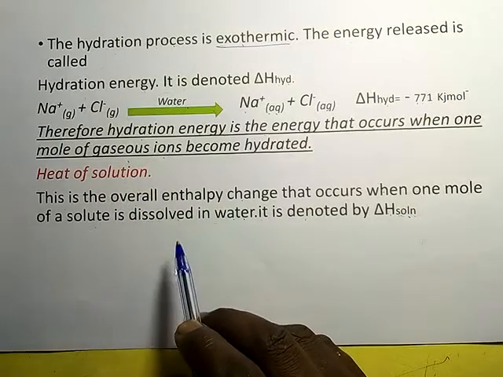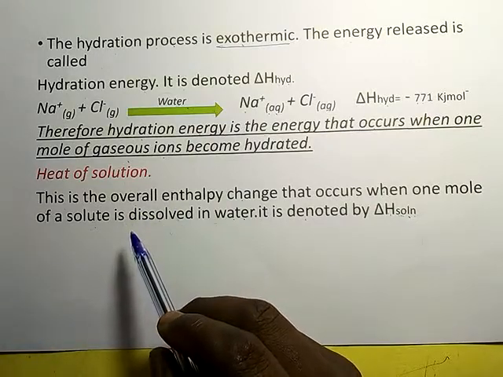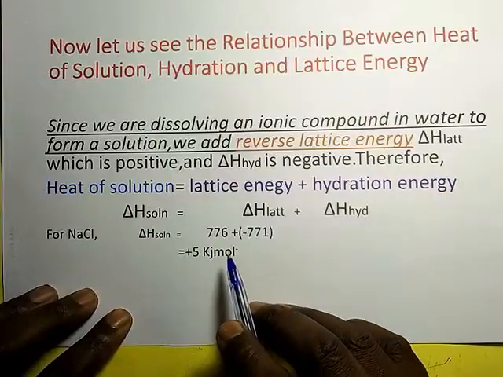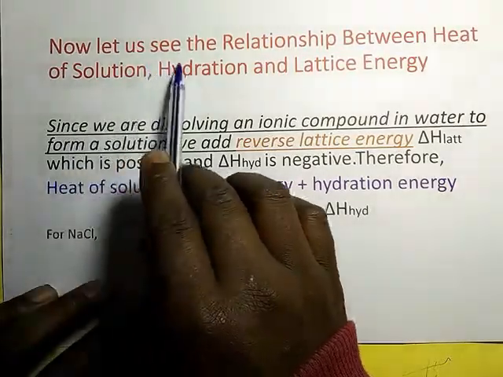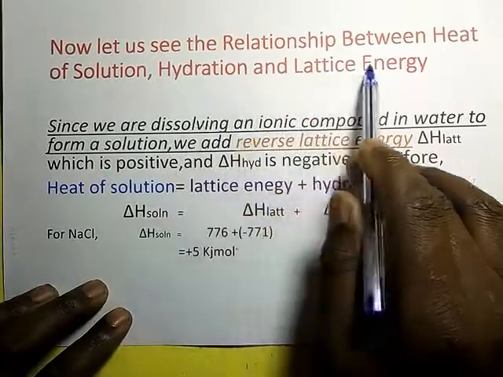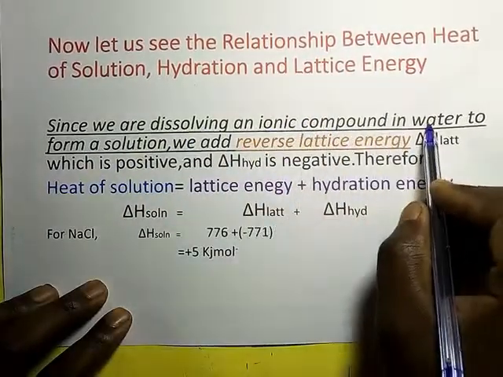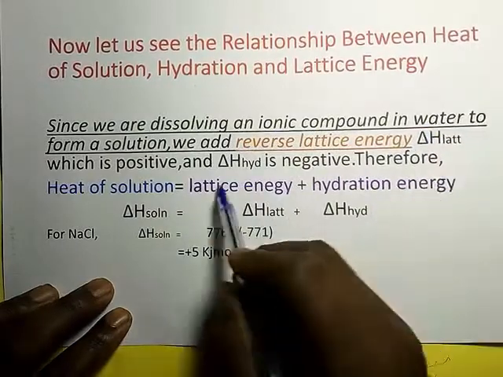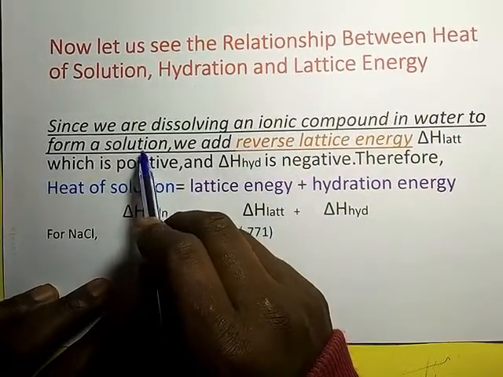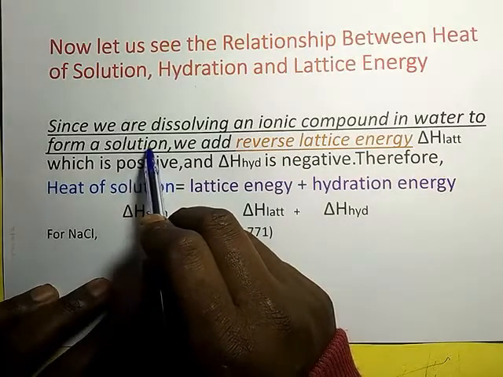Now the next one we want to look at is the relationship between the three of them: heat of solution, hydration, and lattice energy. Since we are dissolving an ionic compound in water, we form a solution in aqueous state. That is the final product.